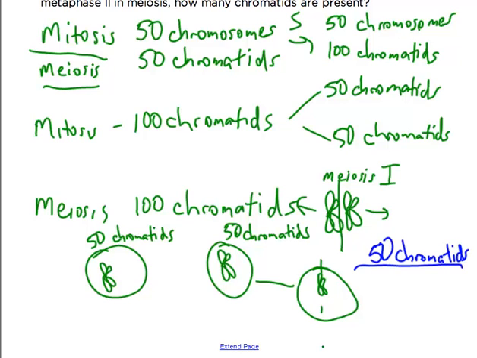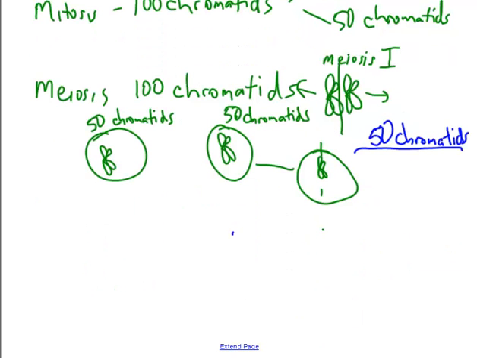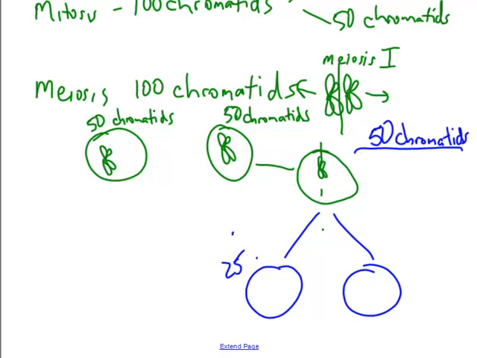We could be done right now, but I just want to mention that if you took that cell and allowed it to complete meiosis II, it would be totally done. These new cells would be gametes or some kind of pregametes, and they would have 25 chromatids in them and 25 chromosomes as well, right?